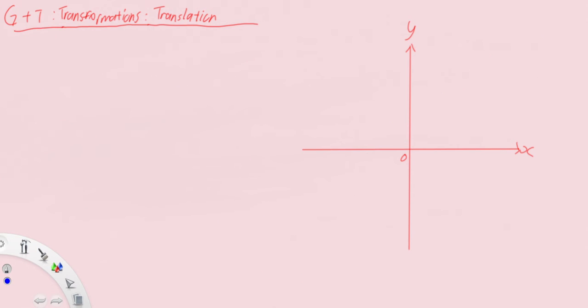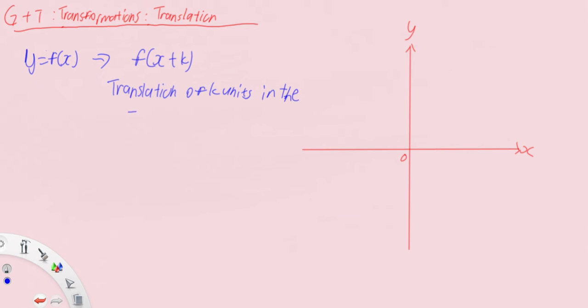Very simply, if we transform from y equals f(x) to f(x plus k), it would be a translation of k units in the negative x direction. Now, it's very logical, right? Because you have this head start of k, that means you need k less because you already have the head start. And that's why you translate k units in the negative x direction.